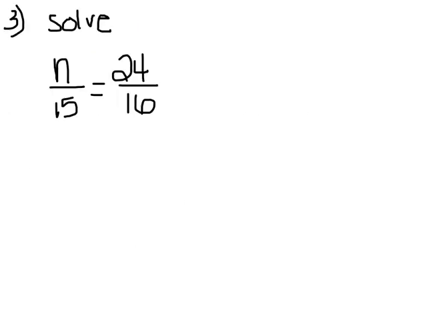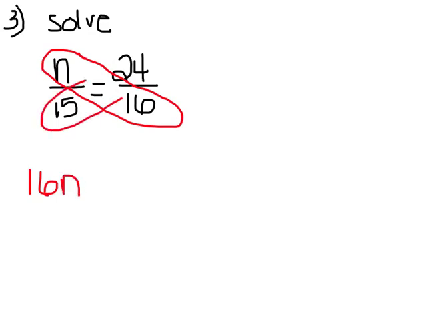In our next example, we'll be solving a proportion. In this case, we have two fractions that are equal to each other. Because they're equal to each other, we know that this is a proportion. In order to solve this, we can cross multiply. So we'll be doing n times 16, or 16n, and then 15 times 24.